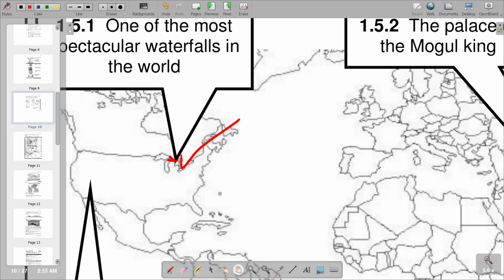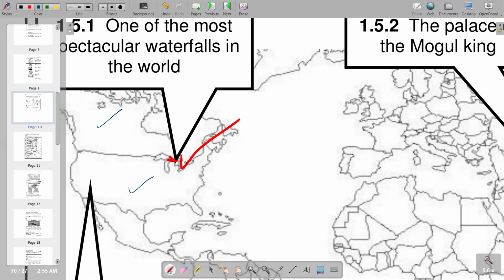But according to the point, you are going to notice that it appears to be on the borders of two countries, whereby we have a country just on top, and then below that we also have a country. So according to that you see that we are going to have the Niagara Falls. This is going to represent the Niagara Falls.